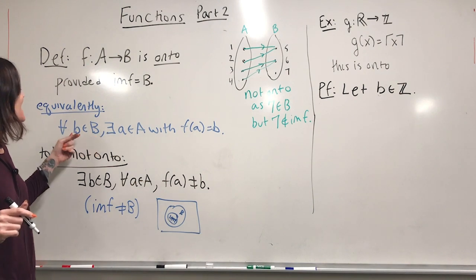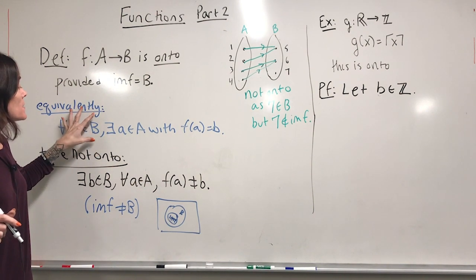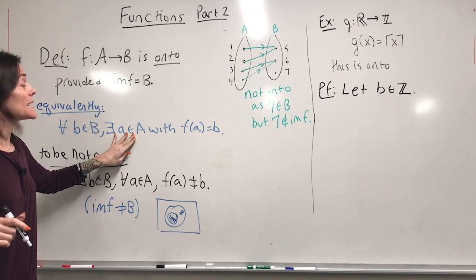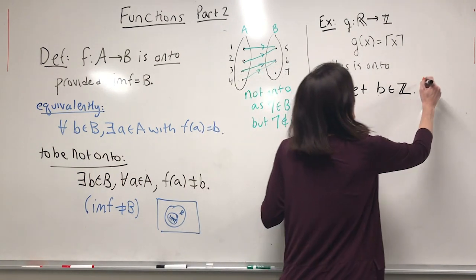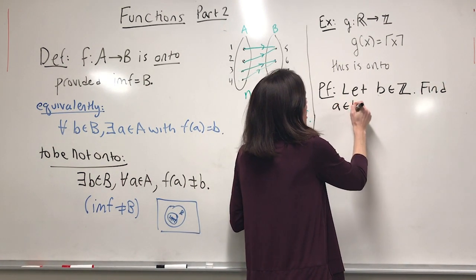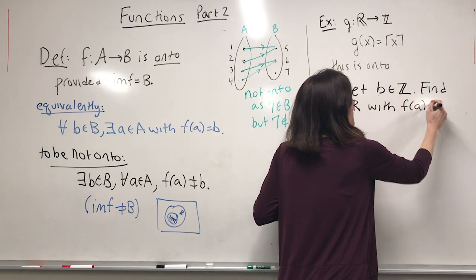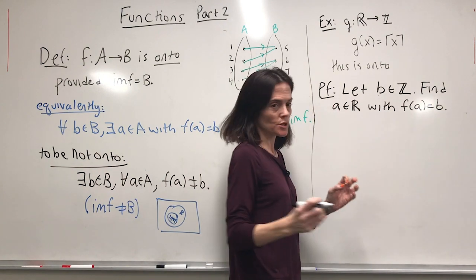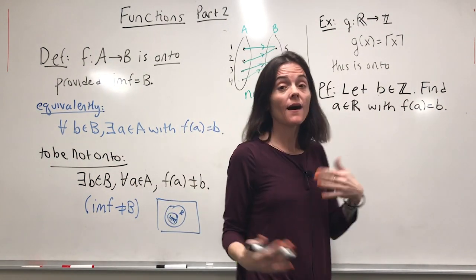I pointed to the wrong thing. Right, you need to take something in B, because this is a for all, and then, based on this, find something in A such that f of A is B. So we need to find A in R with f of A equal to this particular integer B. And that's exactly how you would prove a statement of this type.